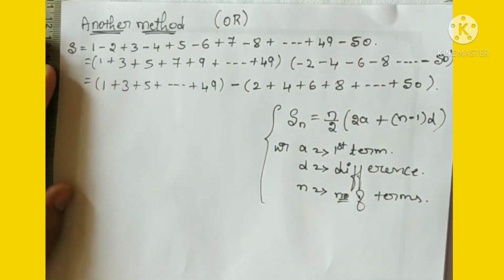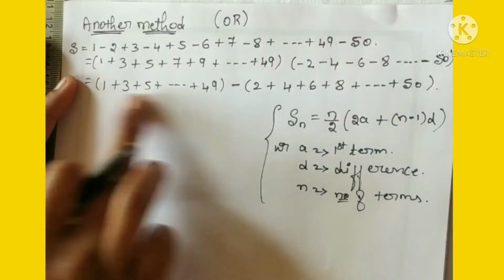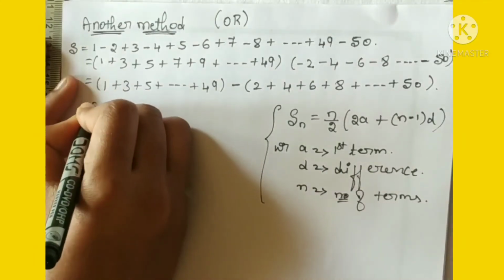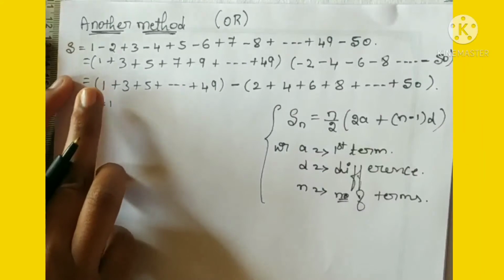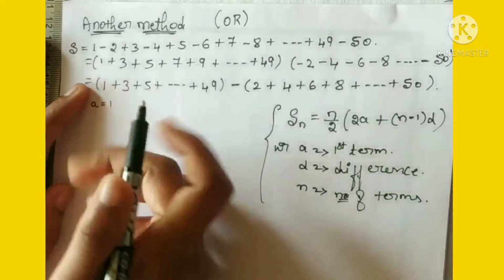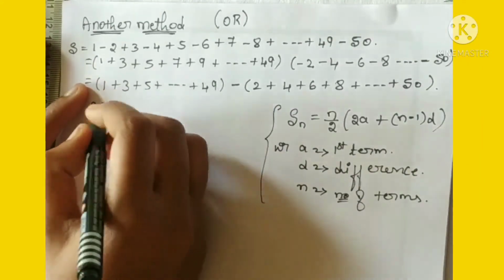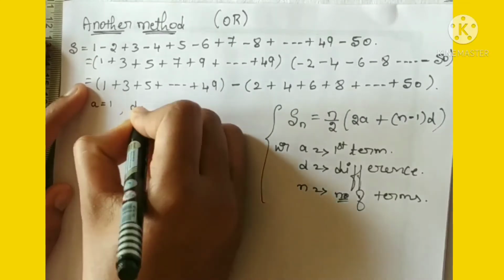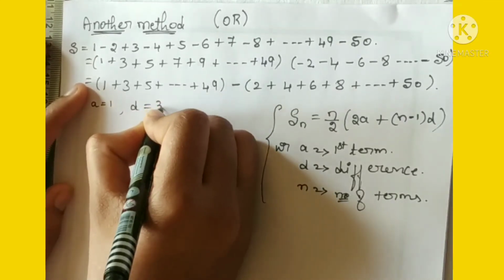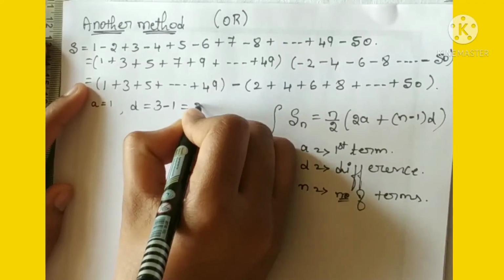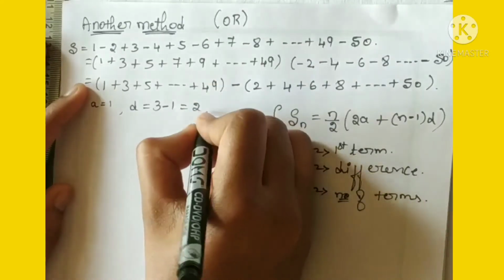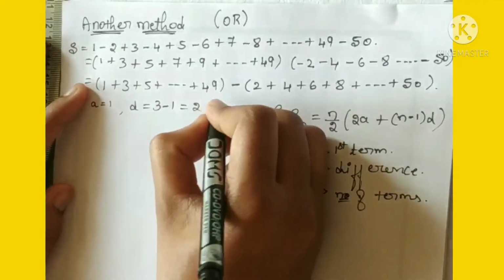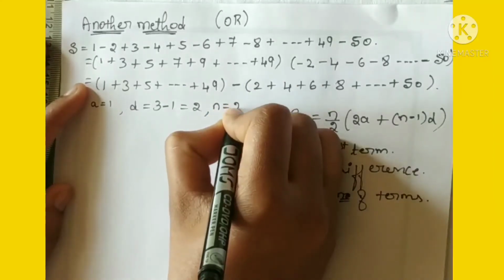Here for this sequence a is equal to 1 because the first term is 1, and d is equal to 3 minus 1 which is equal to 2, and n is equal to 25.